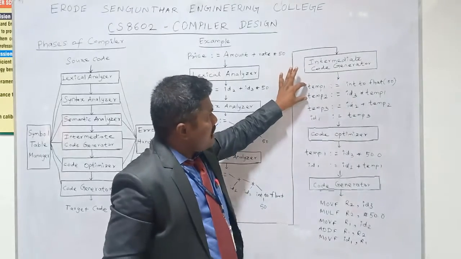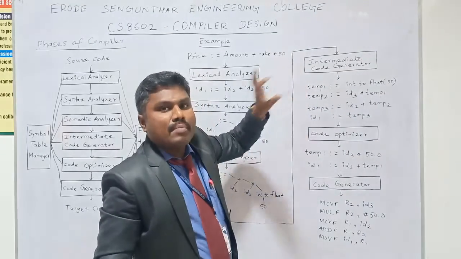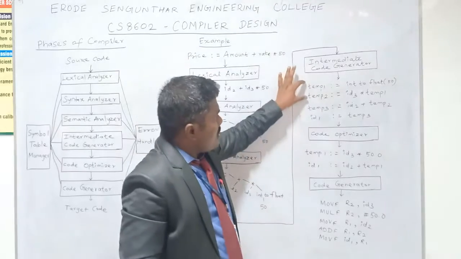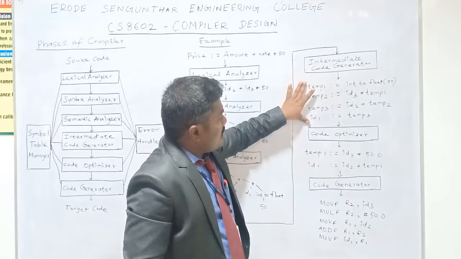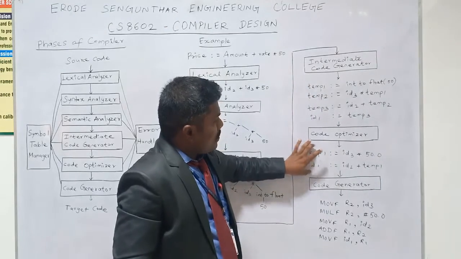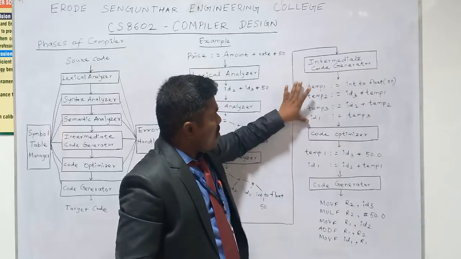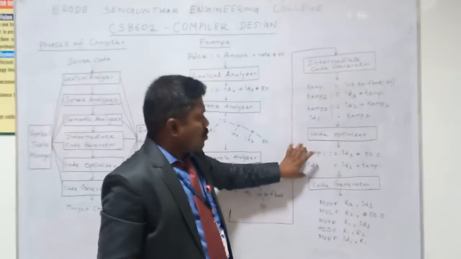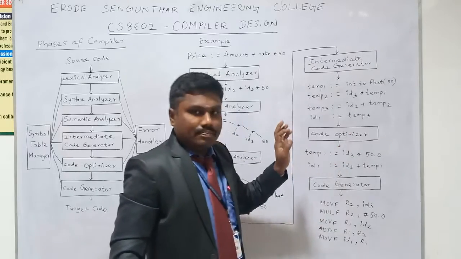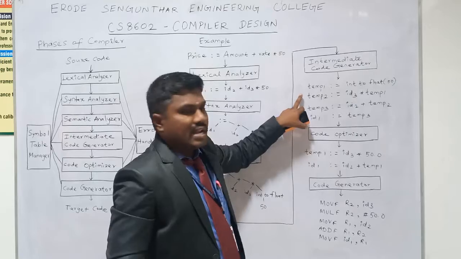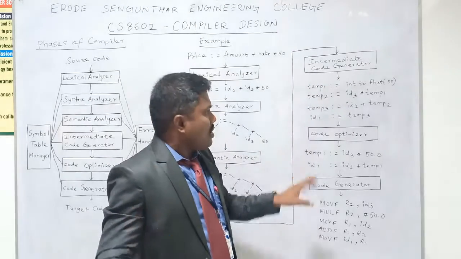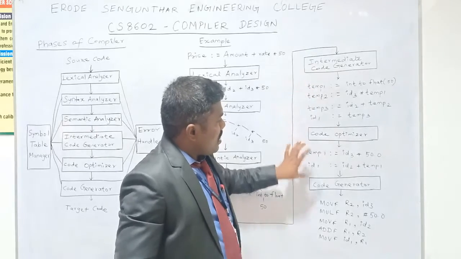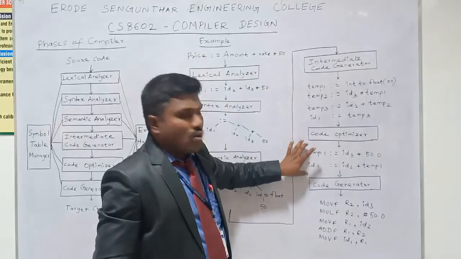For example, when two lines give the same output, they are merged like this. So these 4 lines of intermediate code are converted to 2 lines by code optimizer, by way of removing redundancy and without changing any output.